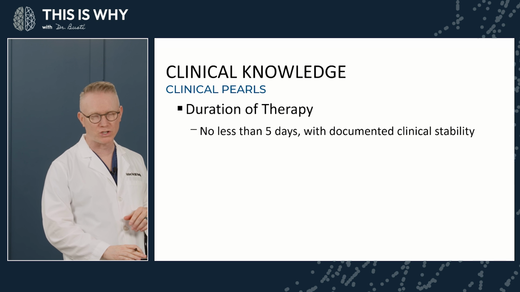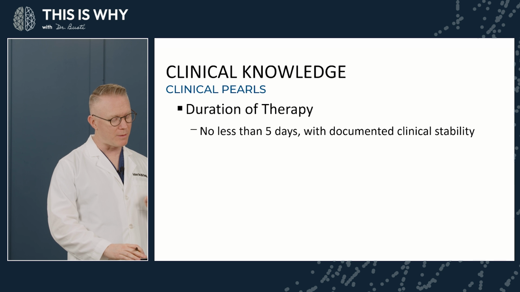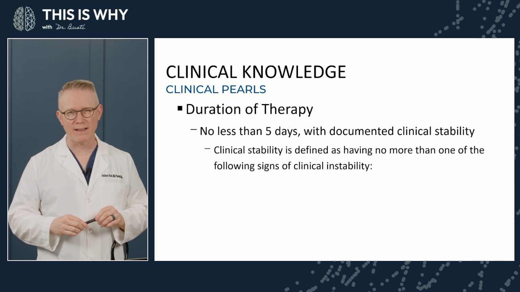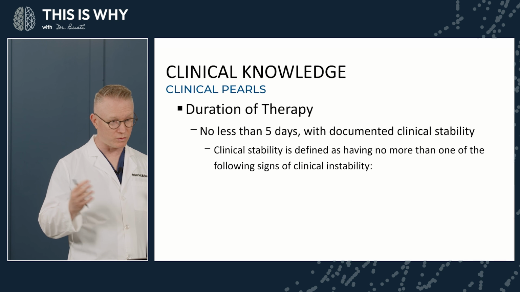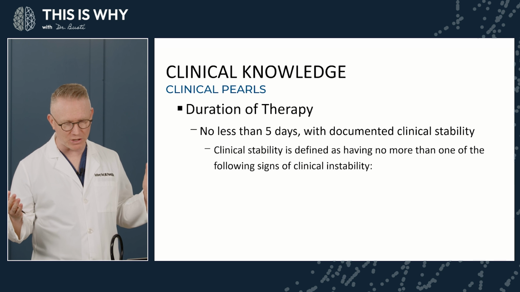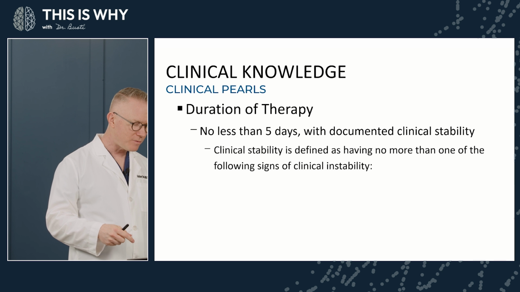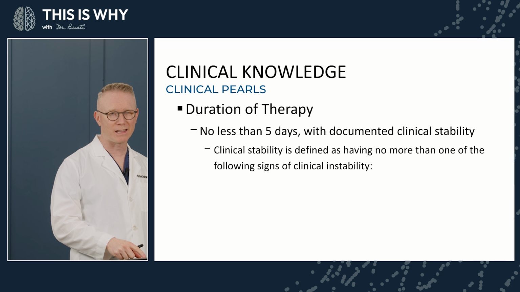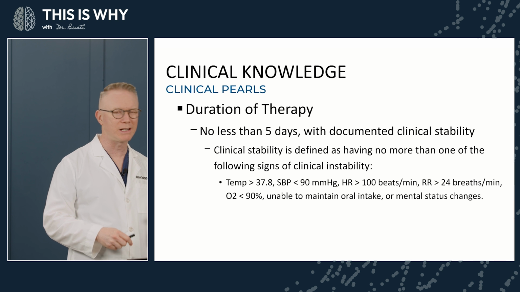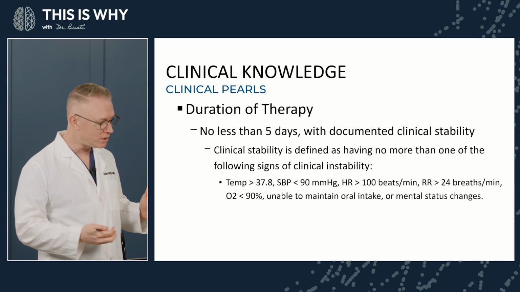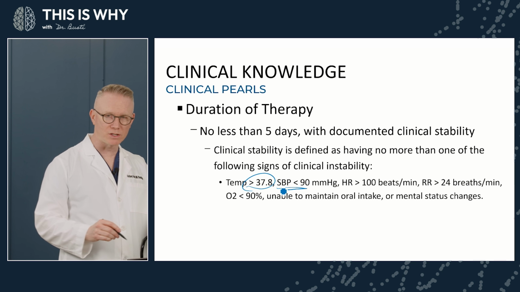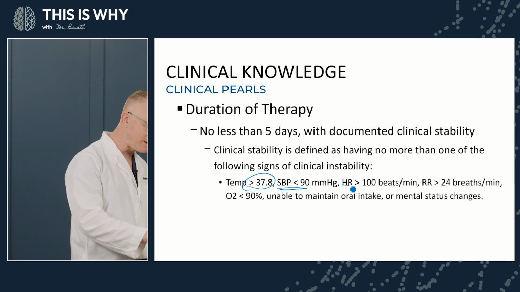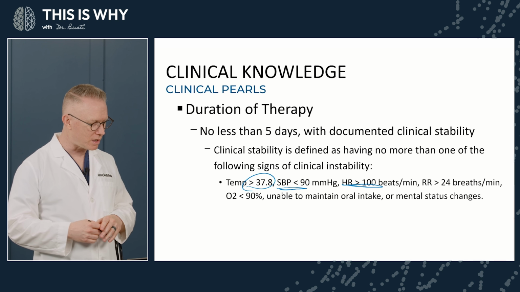Now, what about duration? You probably don't want to do less than 5 days here, unless there's some reason, maybe you got information back that would suggest otherwise, but you want these patients to be clinically stable and you want to not create resistance. So what is clinically stable? Well, they shouldn't still be febrile, okay? They shouldn't be hypotensive. Again, this is more of adult. They should not be tachycardic. Again, the pulse over 100.